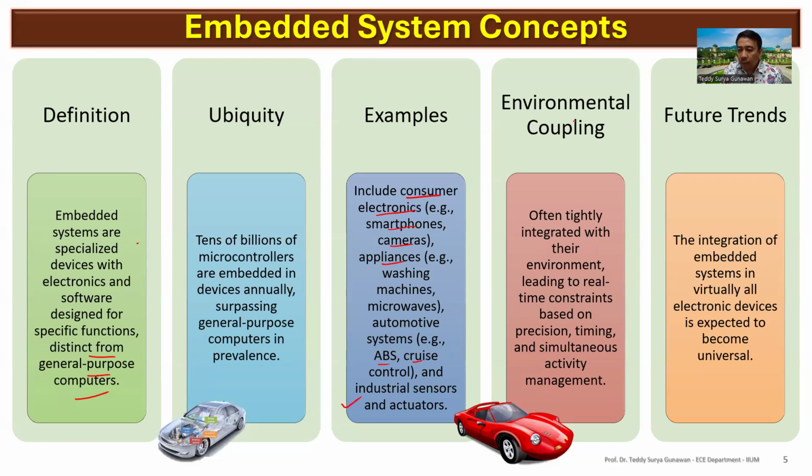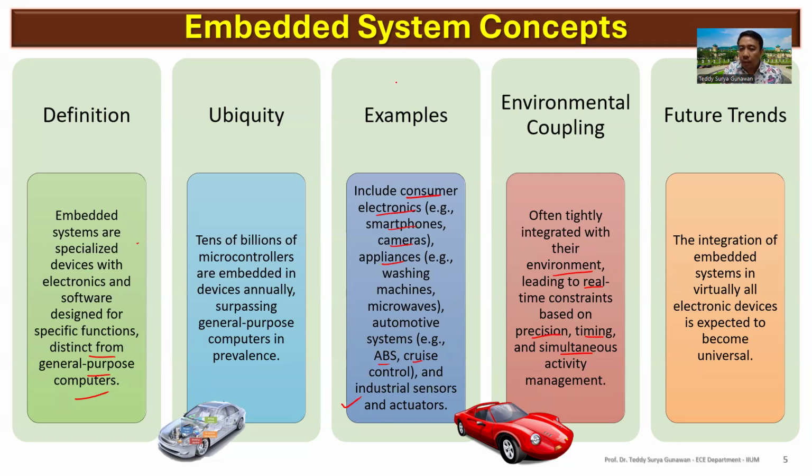The embedded system is often tightly integrated with the environment, leading to real-time constraints based on precision timing and simultaneous activity management. In the future, the integration of embedded systems in future-oriented devices is expected to become universal.